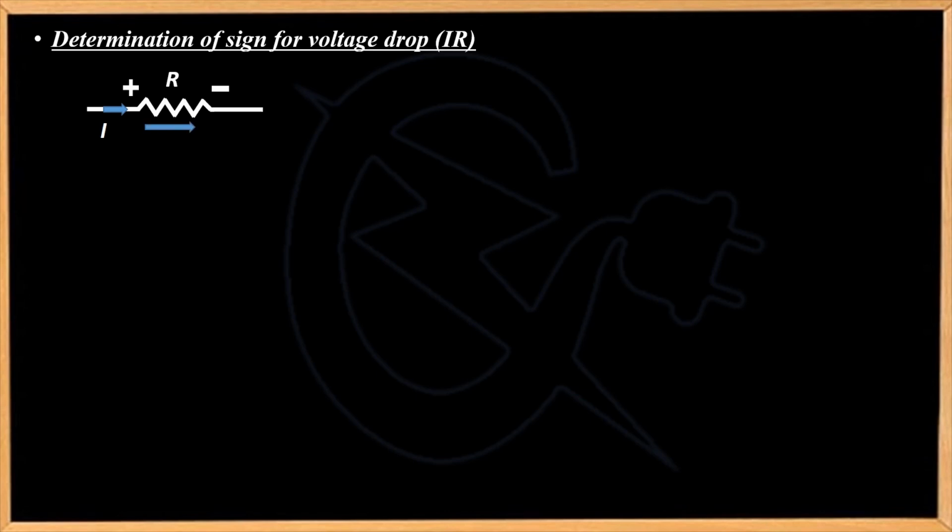Or else, if current direction and loop direction are both the same, then we'll consider it as negative. And in the reverse case, if current flows from negative terminal to positive terminal, it is like voltage rise. Or if current direction and loop direction are opposite to each other, we'll consider it as positive.